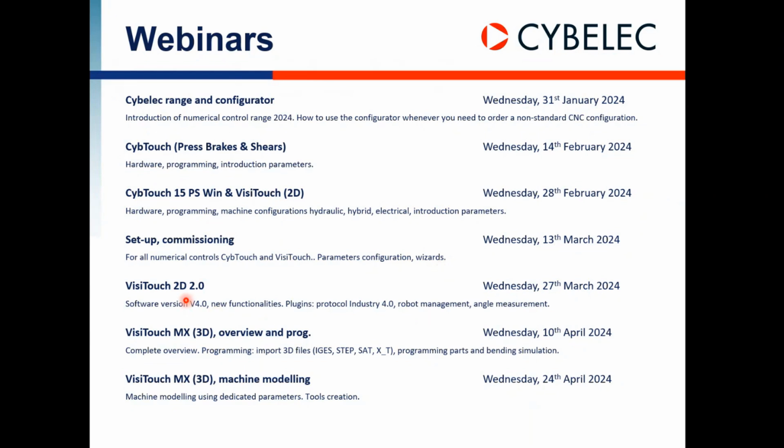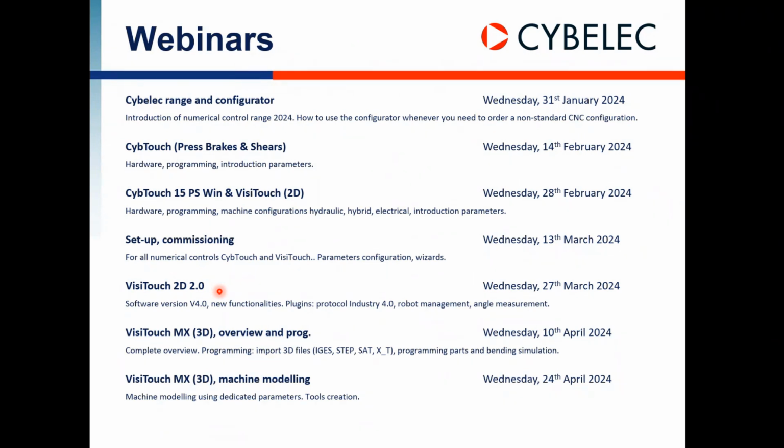Then, end of March, we will speak about the new features that we have regarding most of our VisiTouch controllers, which will be the 2D, which was recently redesigned, and that will also evolve.